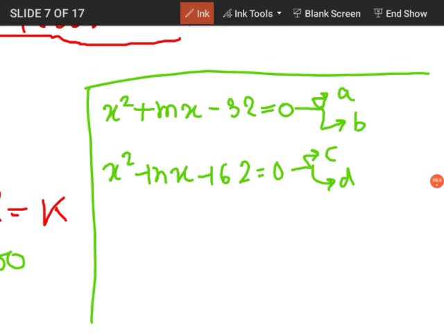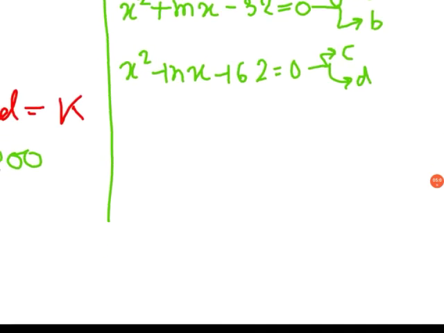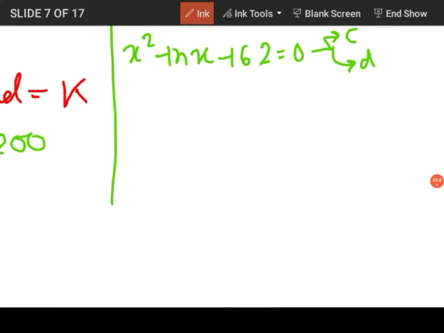Again we will compare the coefficients. How? If we multiply these two quadratic equations, then the roots will be a, b, c, d, which are also the roots of the original equation. So we can say that these two quadratics are the factors of the original equation.